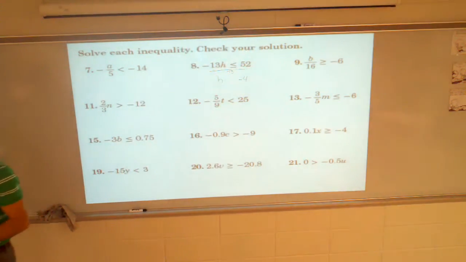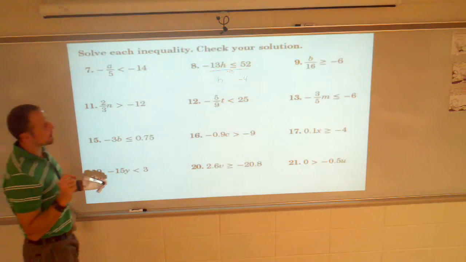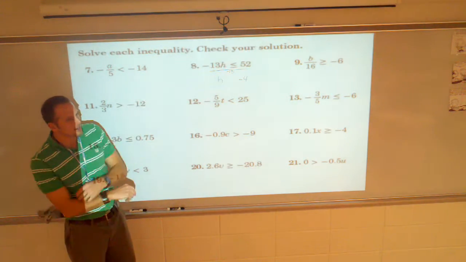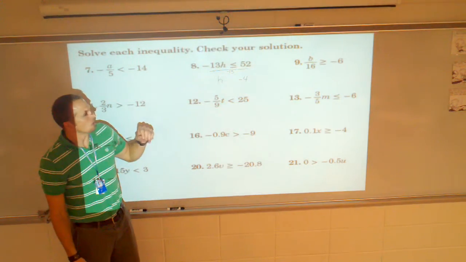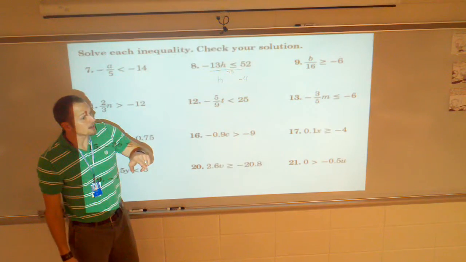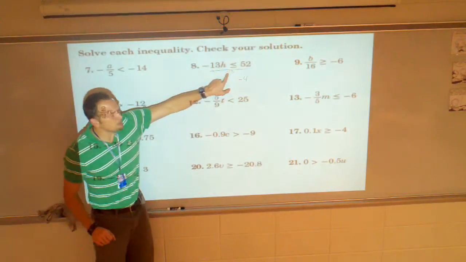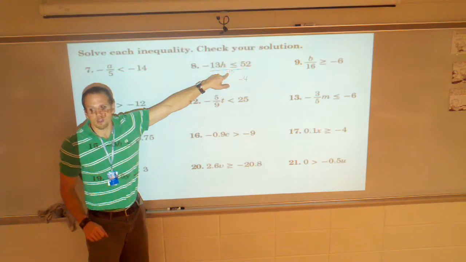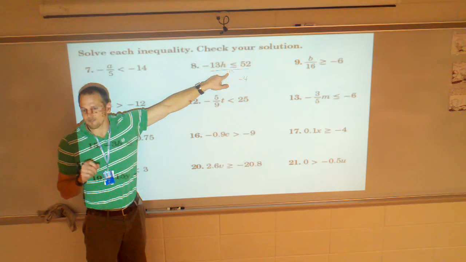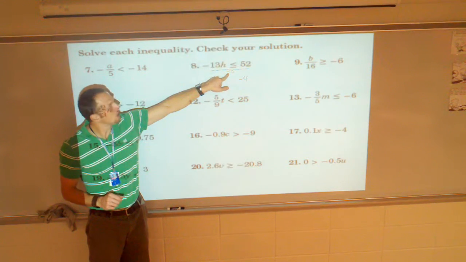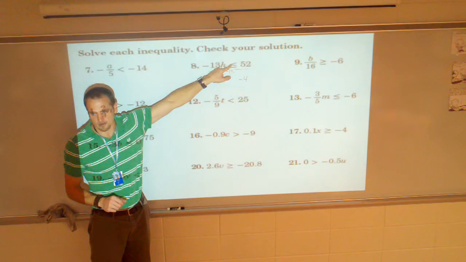Now, here's your teaching for today. Everybody pay attention. Tiffany, what did I divide by? 13. No. What did I divide by? Negative 13. Now, pay attention. I divided by negative 13. With inequalities, if you multiply or divide by a negative number, you have to flip the sign.